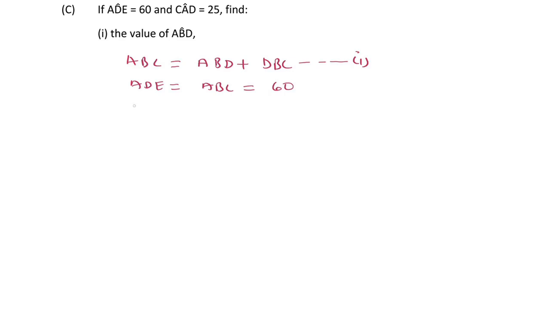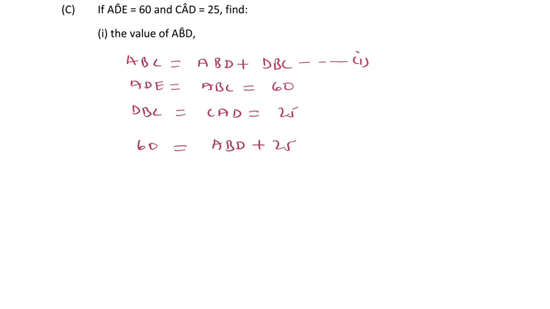Also, angle DBC equals angle CAD, which equals 25, since both are angles formed within the segment DC. Then our equation number 1 will be 60 equals angle ABD plus 25.